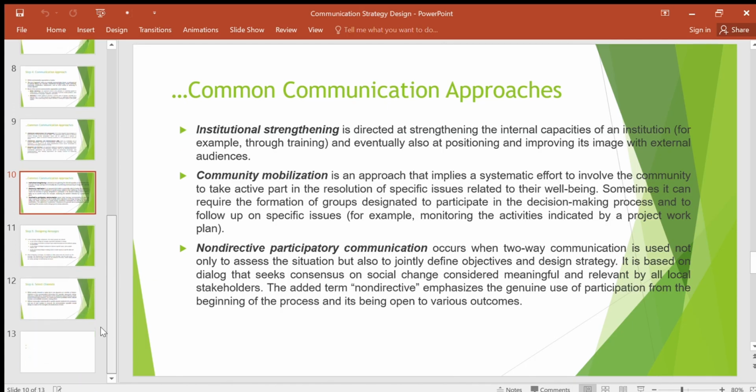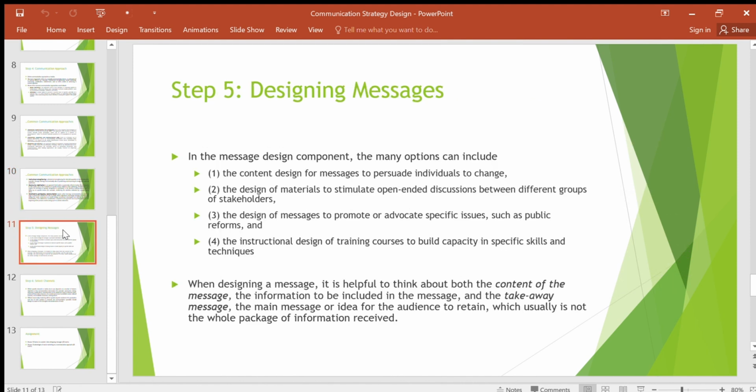Moving on swiftly, we go to our fifth, that is designing messages. When you are designing messages, you should consider the content, the information that you are conveying, the takeaway message. What do you want people to retain in their minds? And you should also know what steps or what to consider when designing a message.